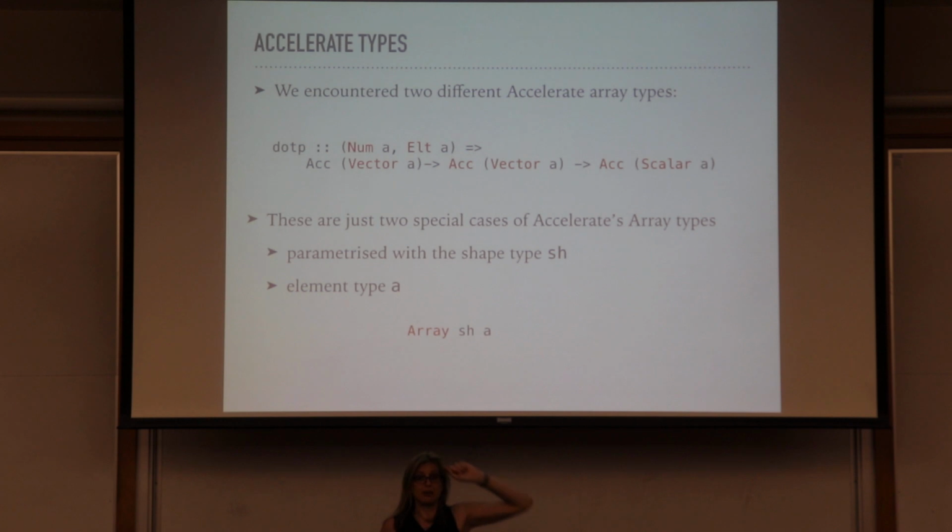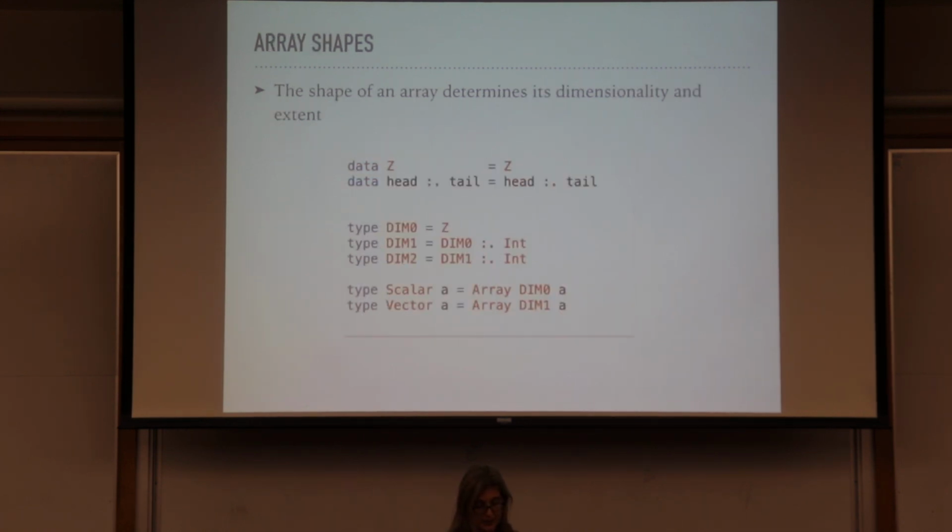It only fixes the dimensionality, not the shape type. It only says whether it's a scalar, a vector, a matrix, a three-dimensional matrix, and so on, and the element type A. And shapes have the following form.